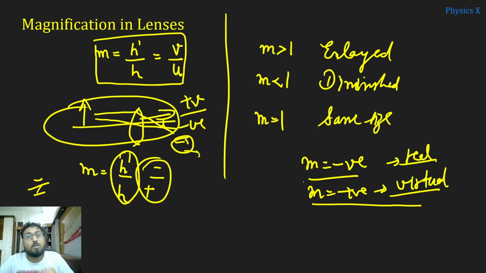So this was all about the magnification, the lens formula, and discussion on the ray diagrams of concave and convex lens. In the next class, we will be seeing the numericals related to refraction involving concave mirror, convex mirror, magnification, and also some numericals on refractive index, which we discussed in the last class.